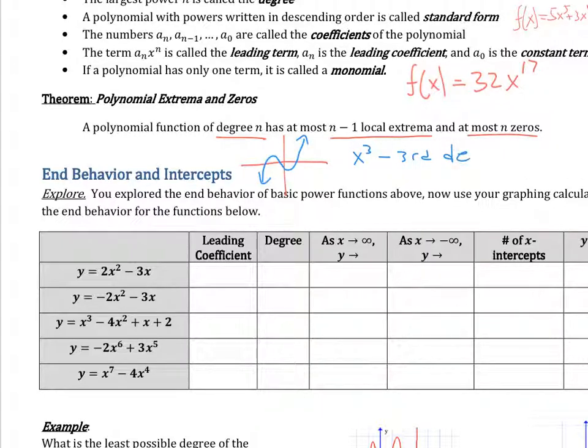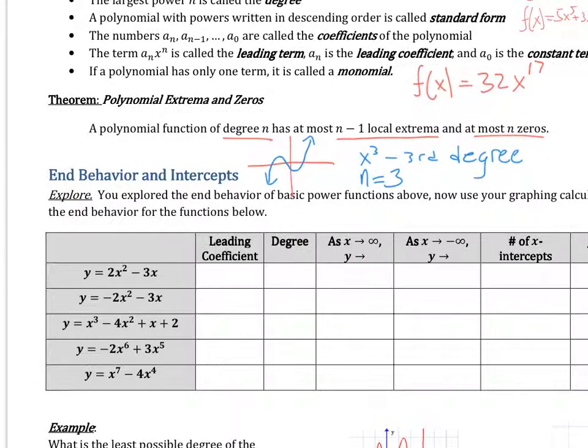So n equals 3. Since n equals 3, according to this theorem we can have at most n zeros, so it's going to cross at most 3 times. And we can have n minus 1 local extrema, so that means we can have 2 local extrema.